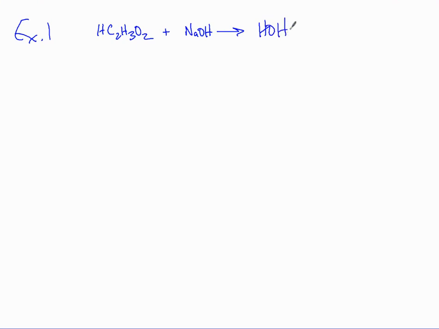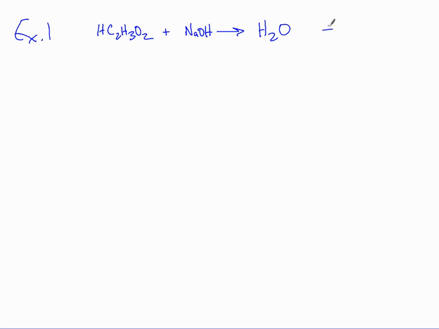Because sometimes AP does this. It's not really hydrogen hydroxide, though, is it? It's H2O. You'd be surprised how many people on the AP exam will write HOH without realizing that they're talking about water. It's not wrong. You can write HOH, but you should know that it's water, just so you know.